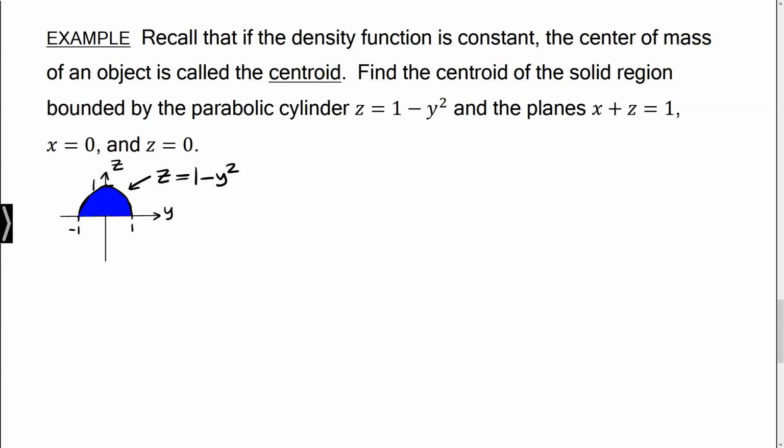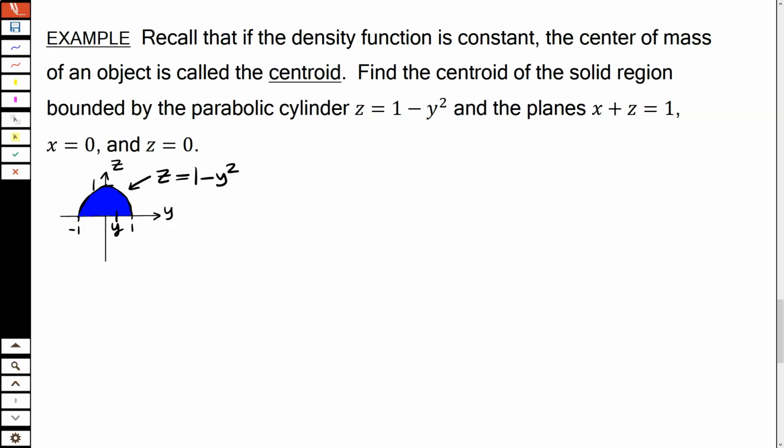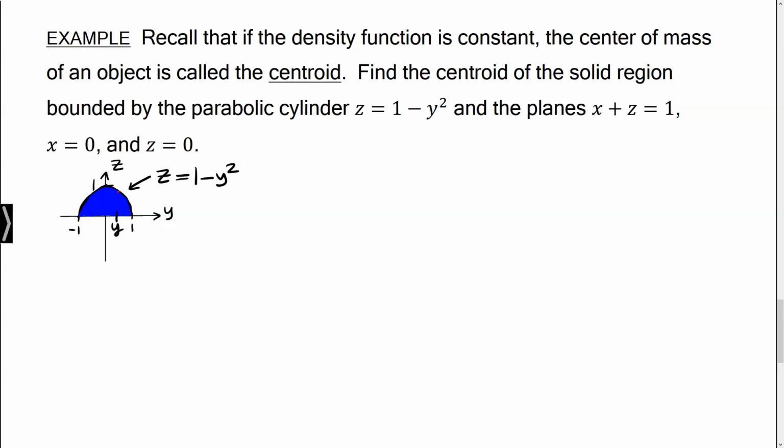It's clearly going to be better to fix y first, and then let z vary up and down. So that means y ranges from -1 to 1, and z goes from 0 up to 1 minus y squared.